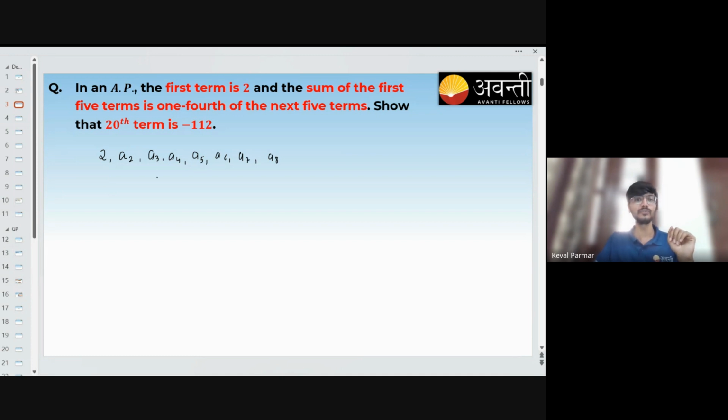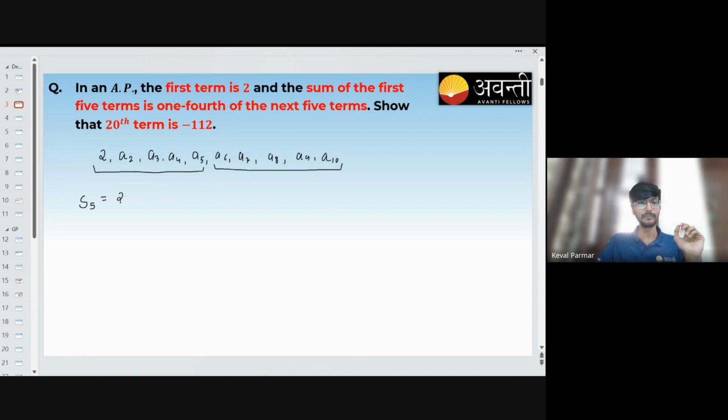The sum of the first 5 terms, I guess these are the first 5 terms, right? And let me write A9 and A10. So the sum of the first 5 terms is equal to the sum of the next 5 terms. So these are the next 5 terms. If I want to write the sum of the first 5 terms, I'll write S5.